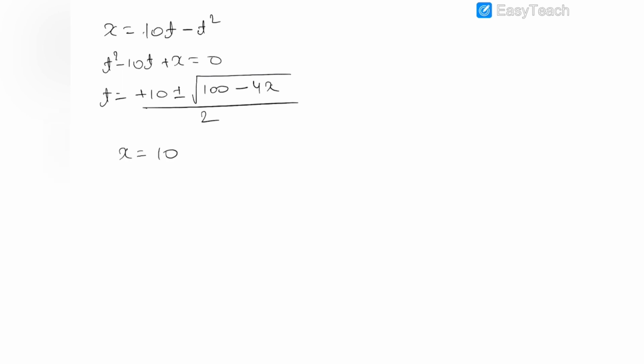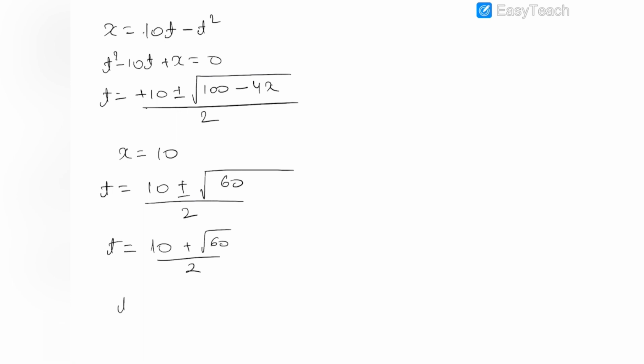So you can see that t would be equal to 10 plus minus under root 60, by 2. Time cannot be negative, and in fact you can see that t is either 10 plus root 60 by 2, or t is 10 minus root 60 by 2.